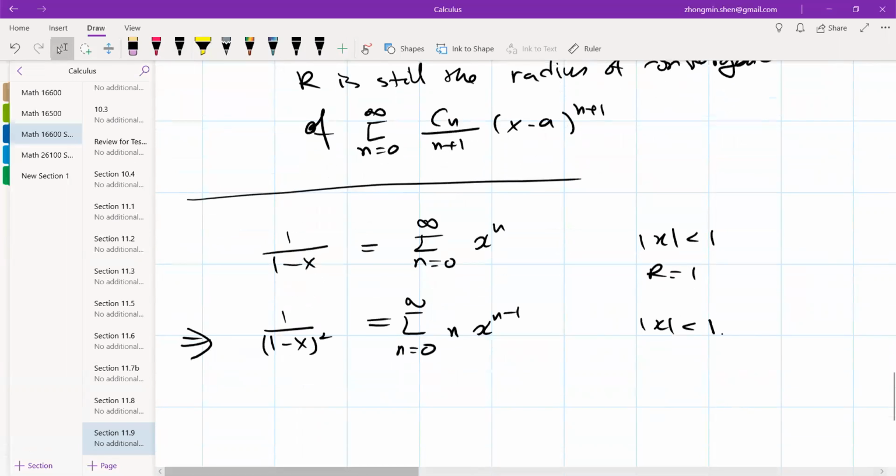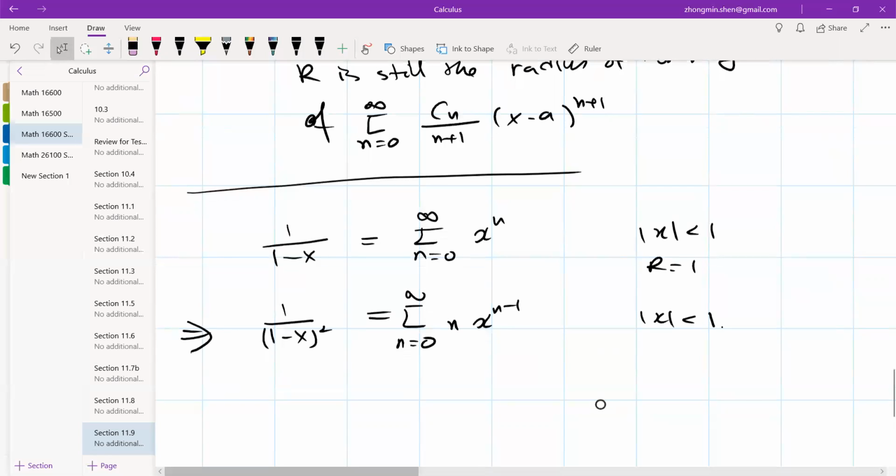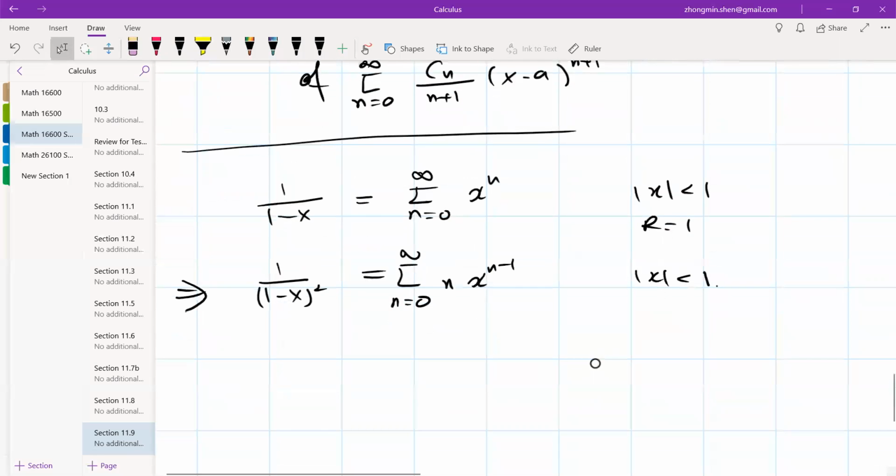You can differentiate again. Now you can also change the sign. If you replace x by negative x, this is by the above theorem.